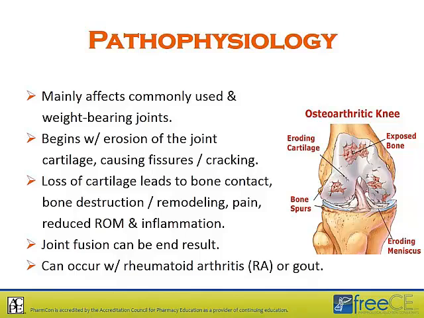In the diagram to the right, we have an anterior view of the right knee joint, and you can see some of the processes that are common with OA. For example, we have the eroding meniscus, which is another term for the cartilage within the knee. That is the type of cartilage that is between the bony cartilage. Typically, meniscus are disc-shaped.